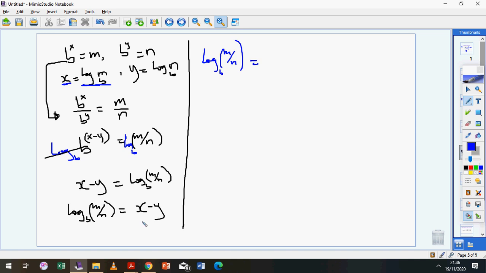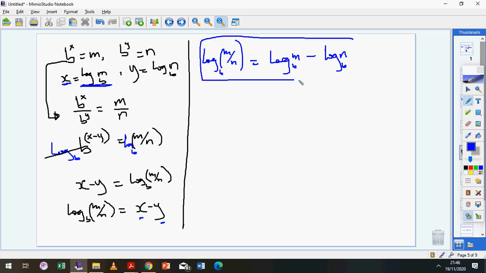Instead of x, I'm going to put logarithm of m to the base b, and instead of y, I'll put logarithm of n to the base b. So I've proved the quotient to subtraction property of logarithm. If you're dividing two numbers, then just subtract their logarithms.